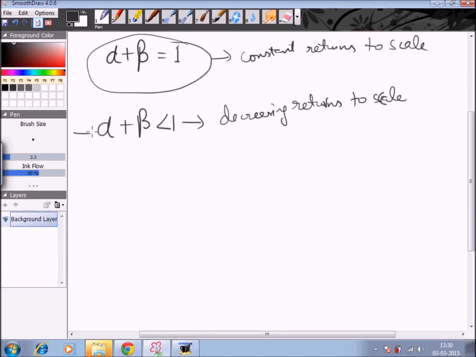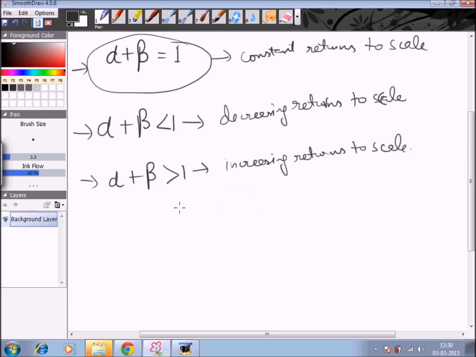And if alpha plus beta is greater than 1, then this signifies increasing returns to scale.